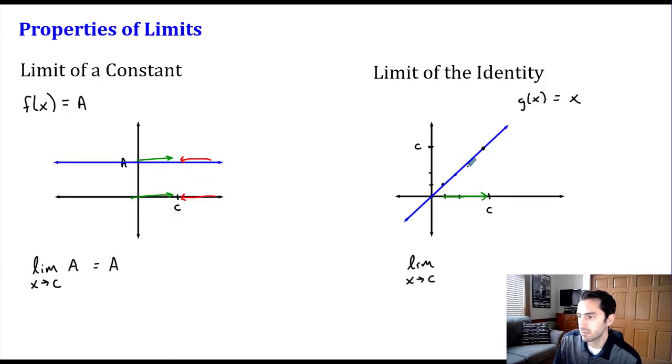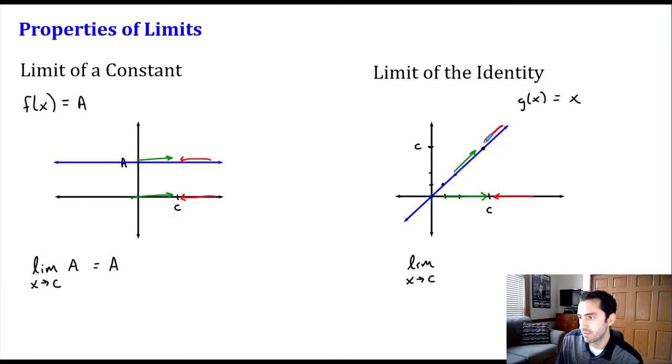If I take a look at coming from the left side, as I approach this x value of c, as I move along my line, it looks like those function values are also approaching this value of c. And then again, from the right side, as we approach from the left or the right, we're getting closer and closer to c.